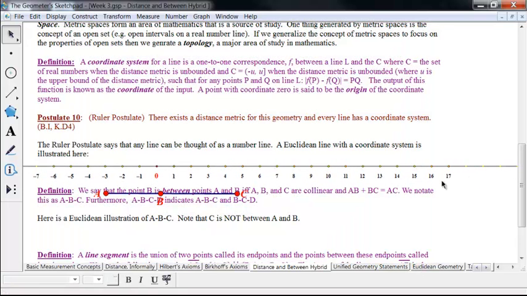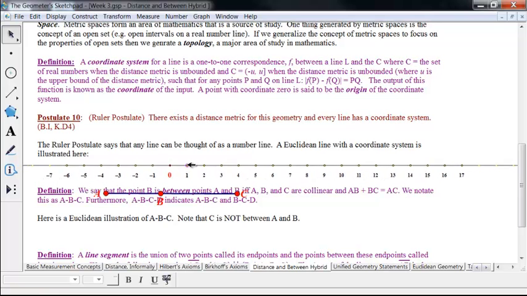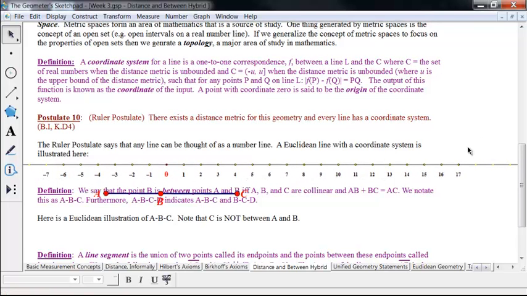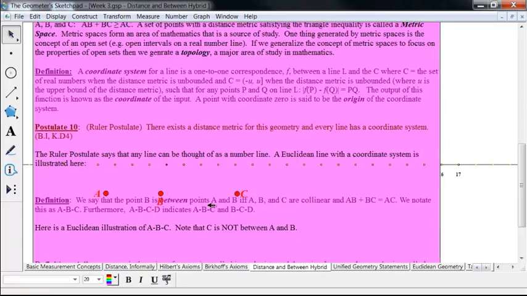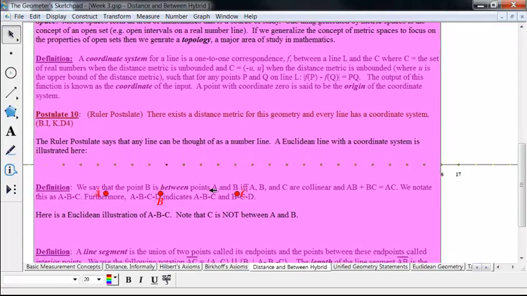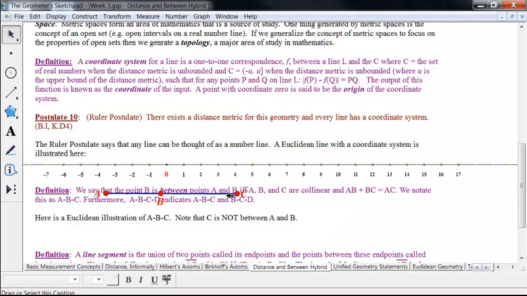Notice that here's a bunch of points, and some of them are listed with their coordinates. Of course, there are many other points that you can see, but their coordinates are not listed here.